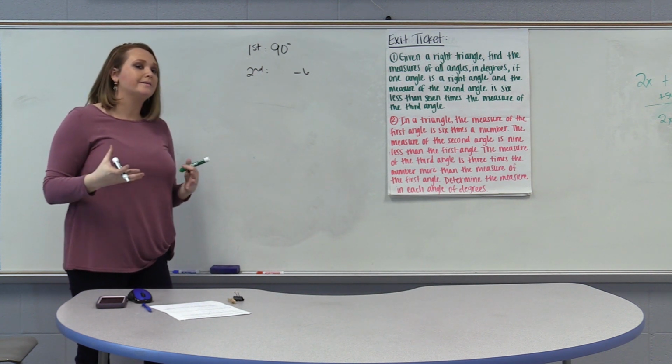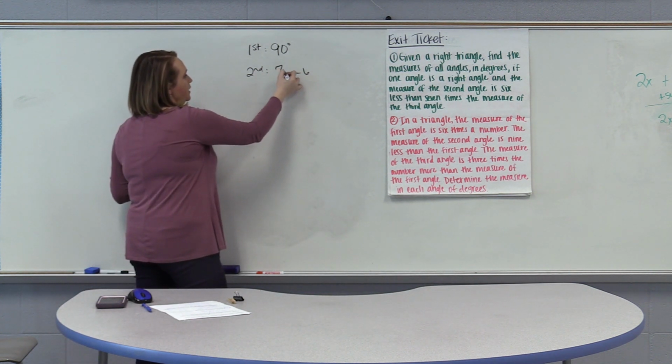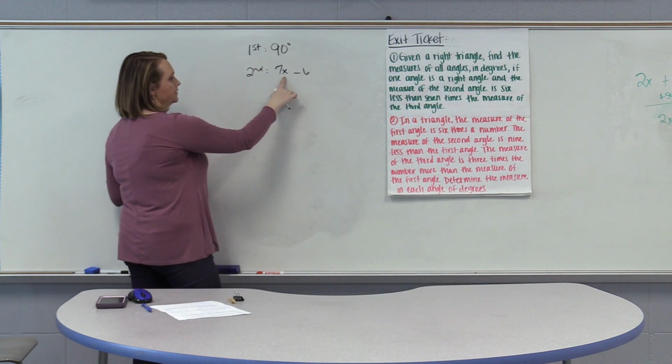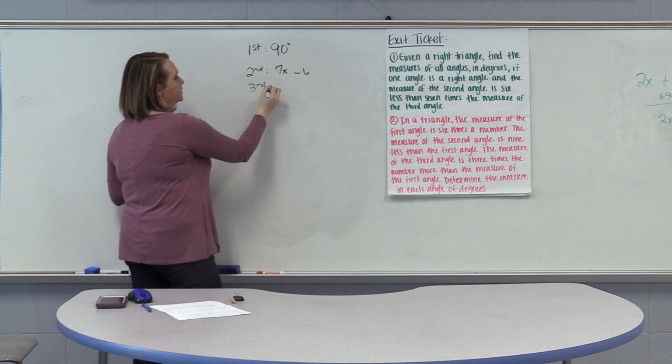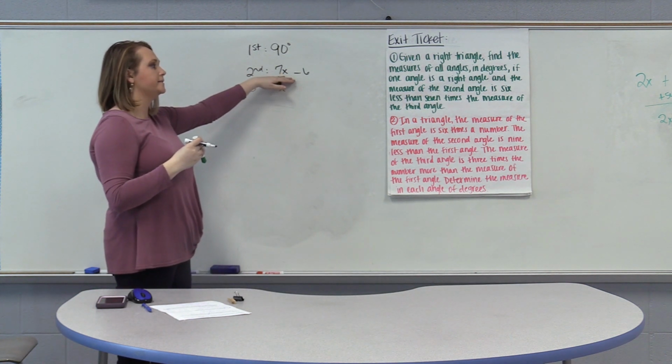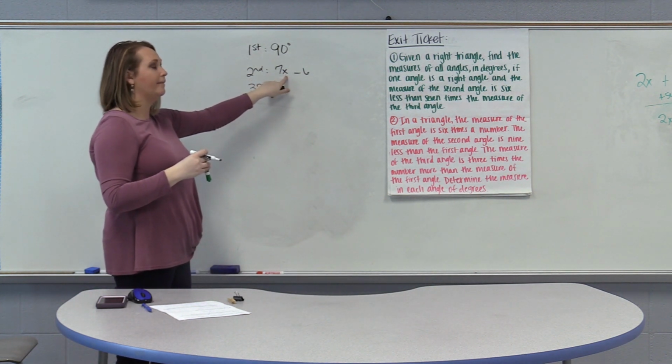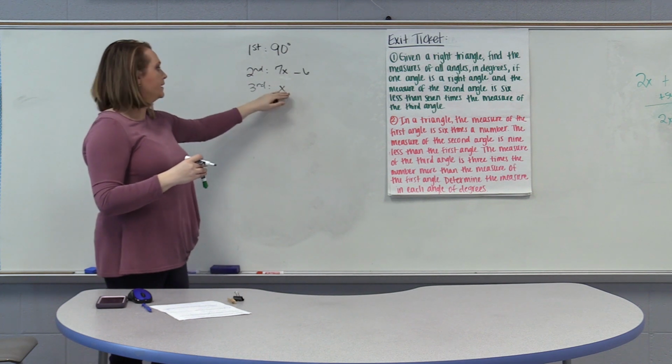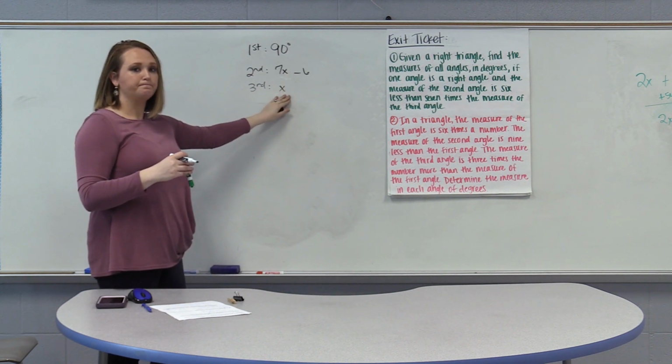I'm going to let x be my variable here, so this will represent 7x, and then the third angle is going to be represented by x, because this one is 7 times the measure of the third angle. If I let x represent the third angle, then I have to make sure I note that here.